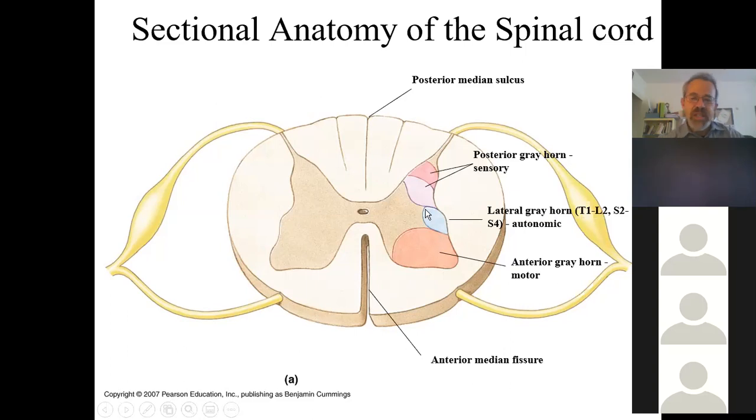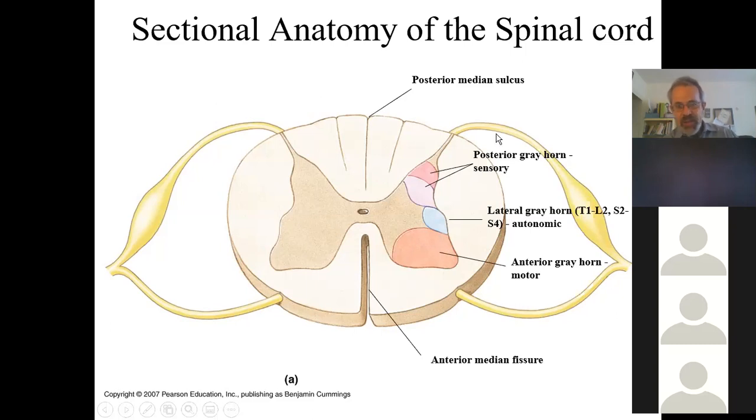And then it also consists of the autonomic nervous system, which consists of nerves that are going to the internal organs. And these nerves originate here. You don't actually see the spinal nerves like you see here, but they are there. They just come out differently. So autonomic neurons originate from the lateral horn, and we'll talk about these terms, T1 to L2 in a second. Whereas nerves that are going to the skeletal muscle originate here.